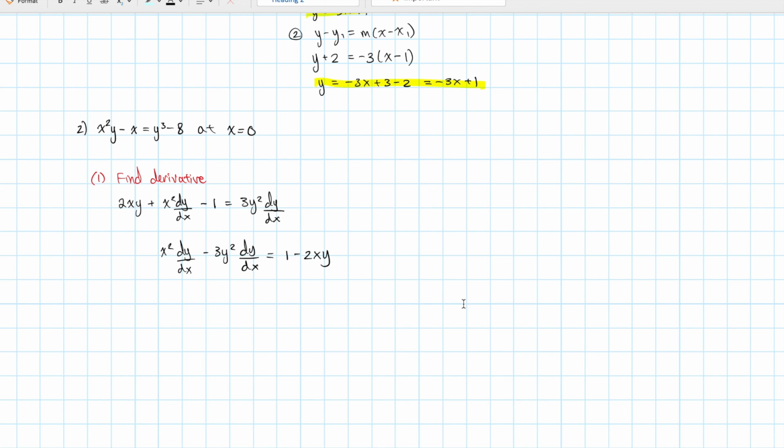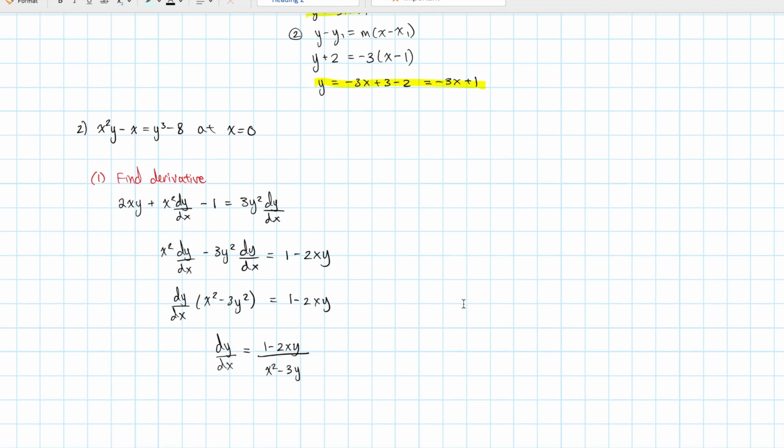Okay, we're going to factor out dy over dx. x squared minus 3y squared is what we're left with, is equal to 1 minus 2xy. So now we're dividing both sides by this value, so it cancels out on the left-hand side. We get dy over dx is equal to 1 minus 2xy all over x squared minus 3y squared.